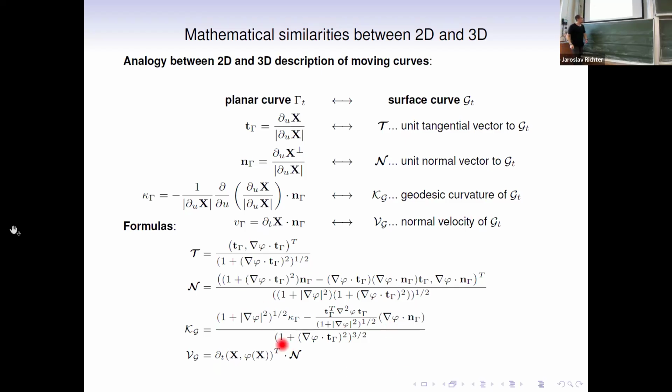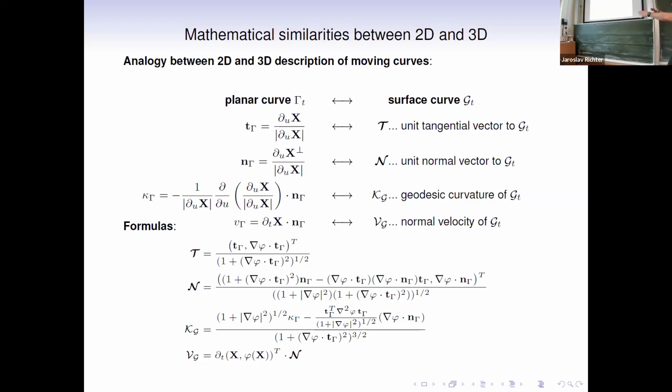For this one, we need at least twice differentiable surface phi, we need to calculate the Hessian and so on. And finally, the normal velocity is the change of the position projected to the normal direction. And here, the normal velocity is likewise the time change of the position projected to the normal direction.